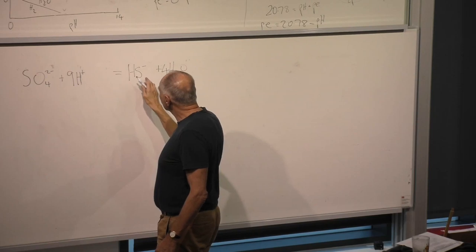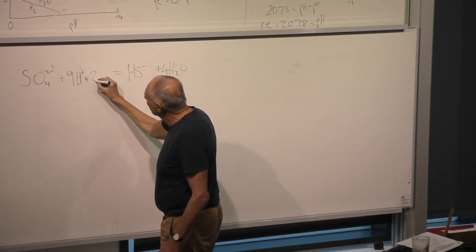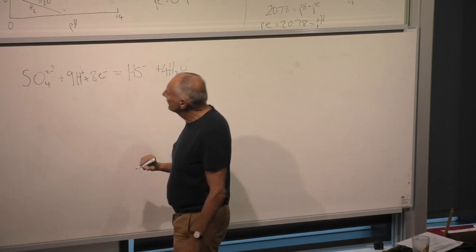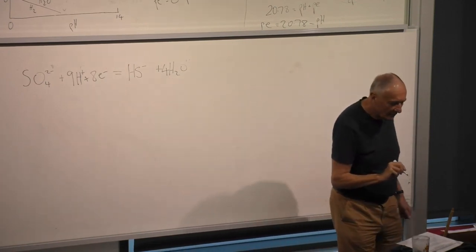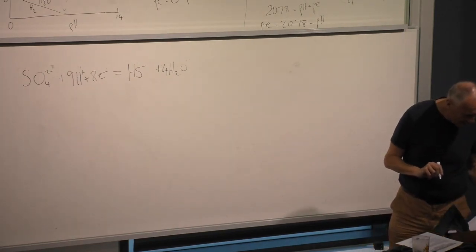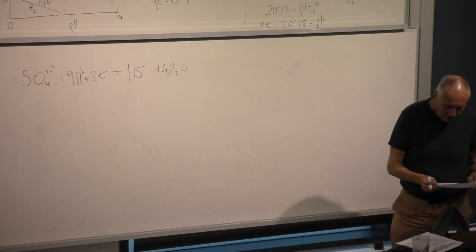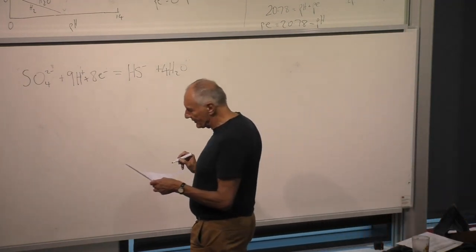So 7 plus and 1 minus, we need 8 electrons. Okay, and the log K for that reaction, according to my numbers here, is 33.66.